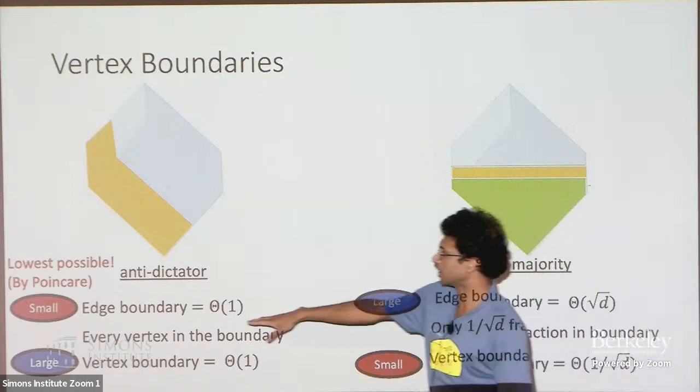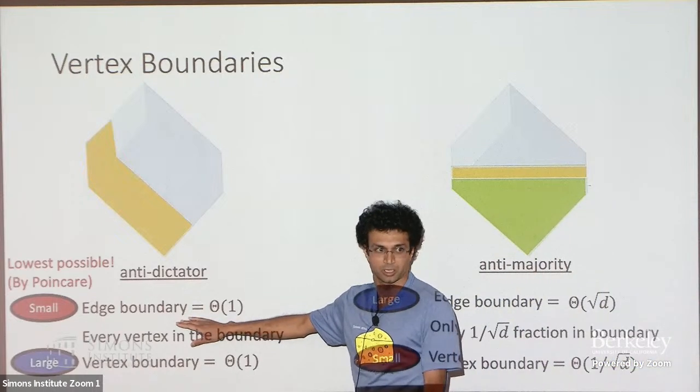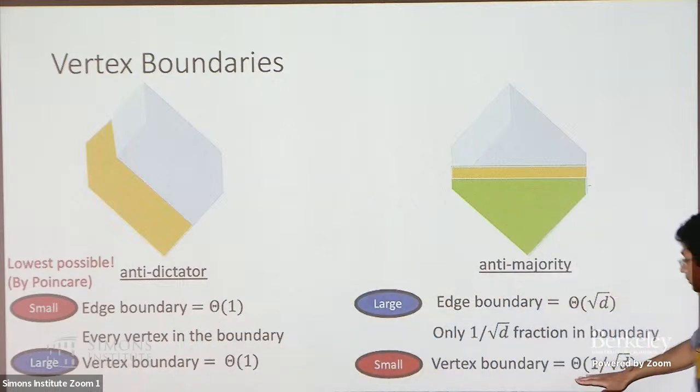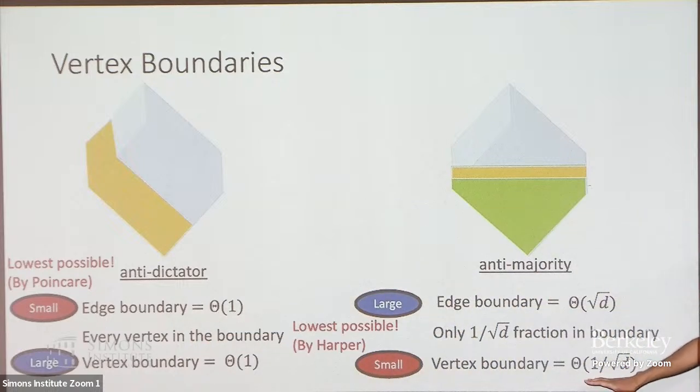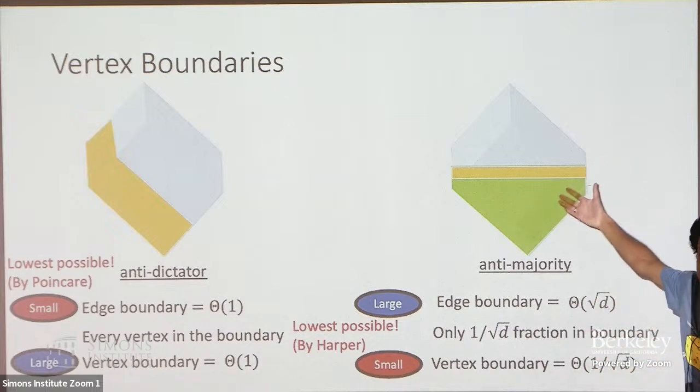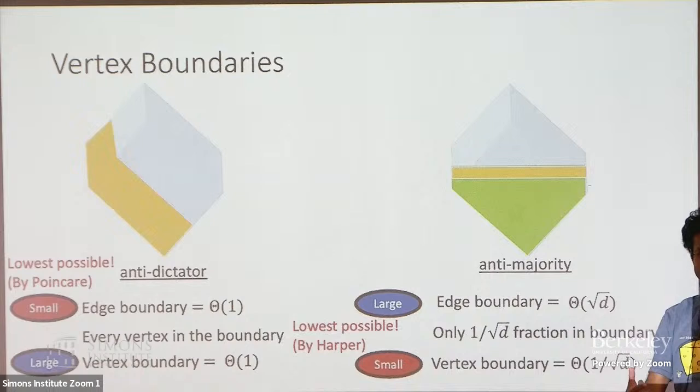Indeed, the vertex boundary here is the lowest possible by Harper's isoperimetric theorem. Harper's theorem says, if you take a subset of the hypercube, let's say half the elements, and you look at the size of the vertex boundary, it's at least 1 over root d. Indeed, it's the Hamming balls that are the worst case, right?